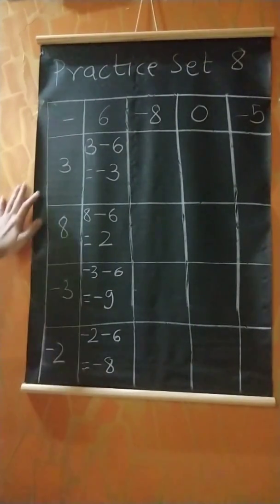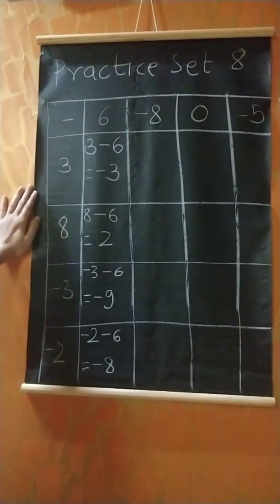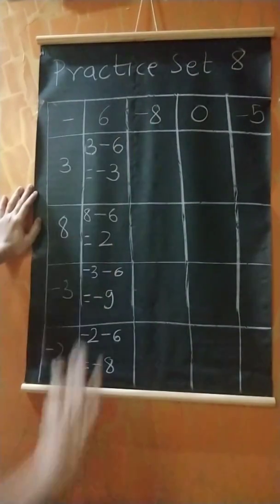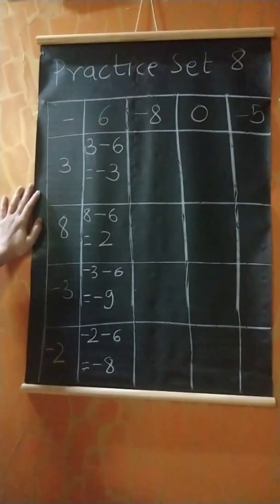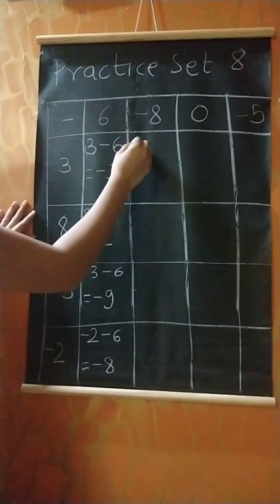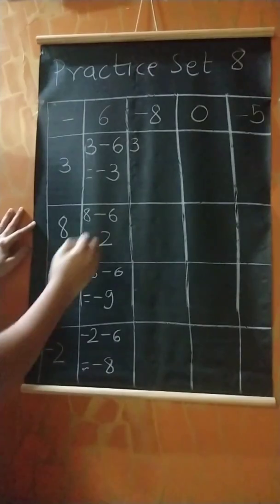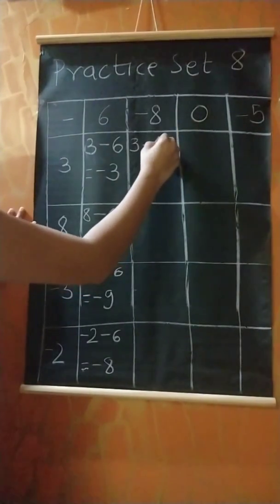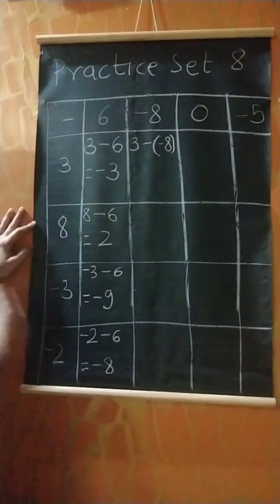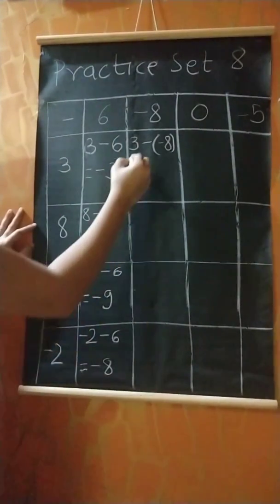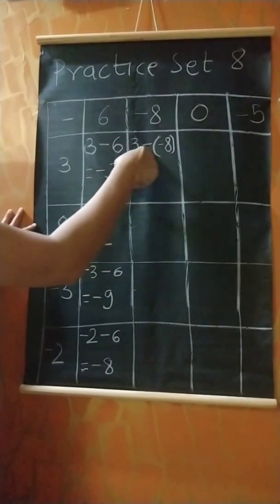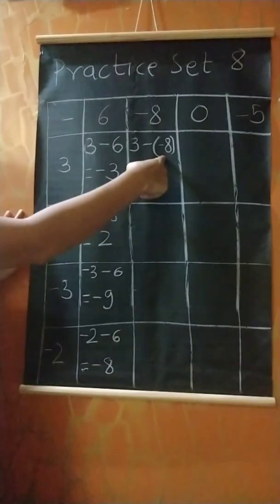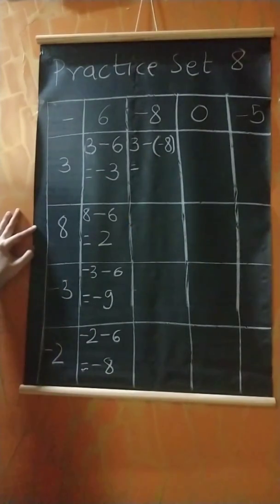Okay, move to the next column, that is minus 8. Now see, 3 minus (minus 8). Now how will it be? See, 3 minus, and this minus 8 will be in a bracket. Put it in this bracket. Now see here, when a minus sign is there, the sign of the number in the bracket is changed.